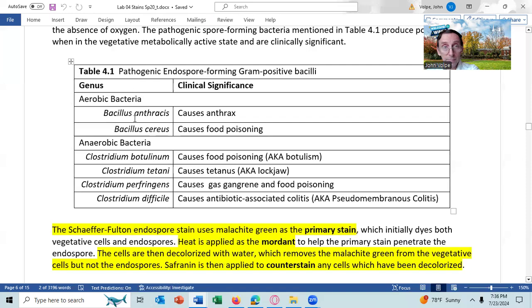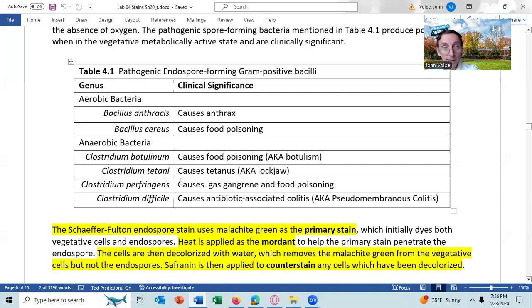The genus Bacillus anthracis, and the clinical significance is that it causes the disease anthrax. Bacillus cereus can cause food poisoning. Clostridium botulinum can cause botulism, food poisoning causing botulism.